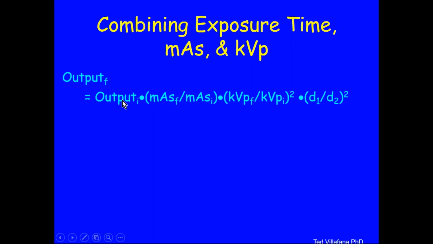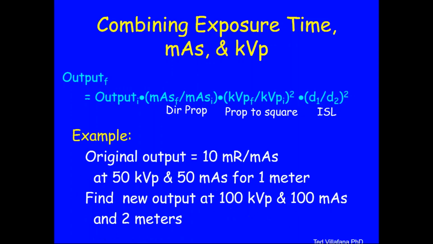So if you wanted to make a calculation where you've changed all three things, you change the mAs, the voltage, and the distance, just go down the line and have a running multiplication of the various parameters. Notice that the mAs variation is directly proportional, voltage is proportional to the square, and then you have the inverse square law for your distance effects.